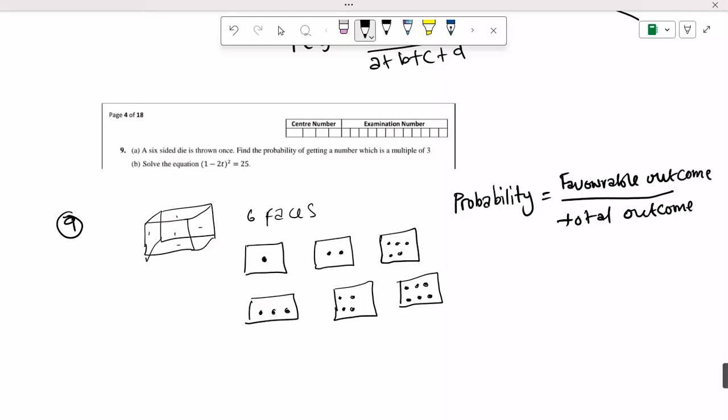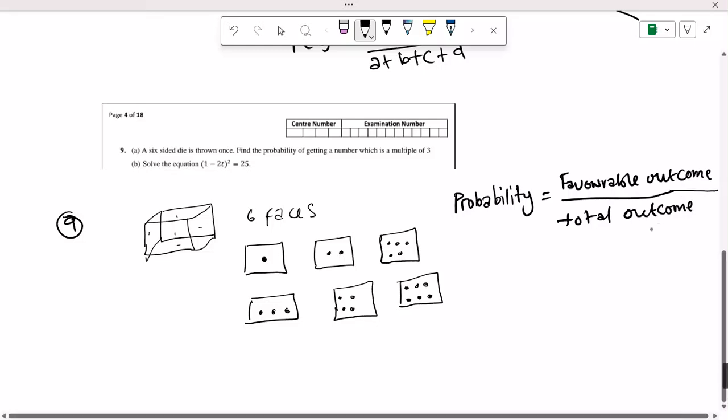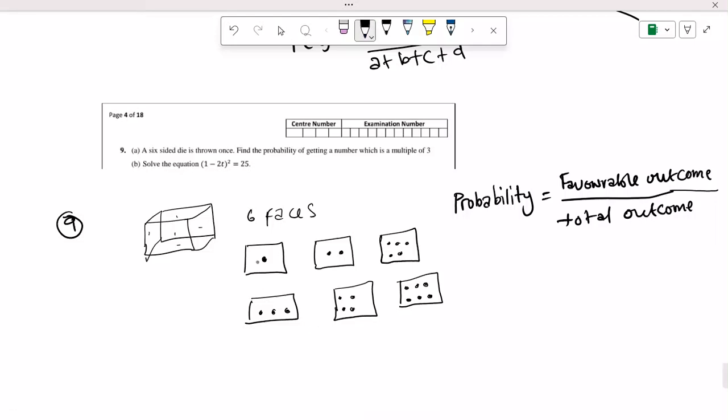So favorable outcome, if we say probability for A, meaning favorable outcome is A, and total outcome is everything in the bag. So here we have 1, 2, 3, 4, 5, 6. So we have 6 faces. So find the probability of getting a number that is a multiple of 3.